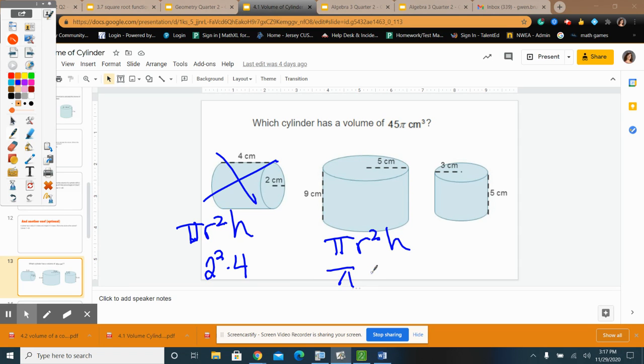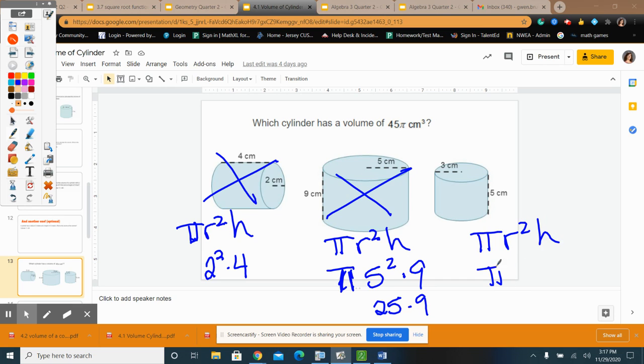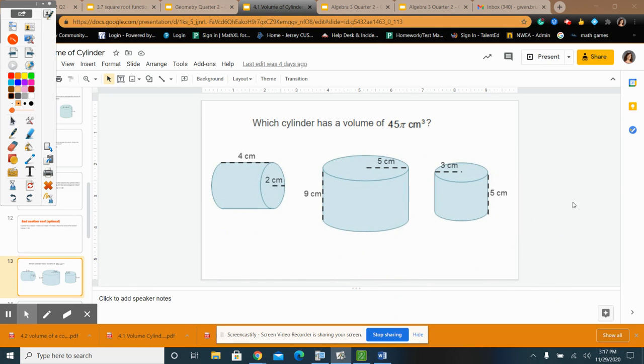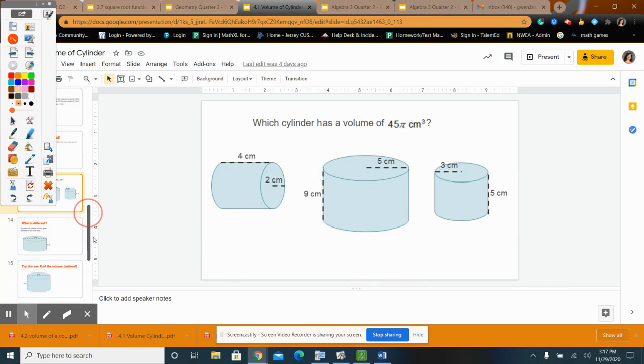Pi, the radius is 5. Is it 5 squared times 9? That'd be 25 times 9, that's too big. That's not 45 pi, not this one. How about this one? Pi r squared h, pi times 3 squared times 5. 9 times 5 is 45. This is the one that has 45 pi centimeters cubed. So you just kind of have to try them all out and see what you get.